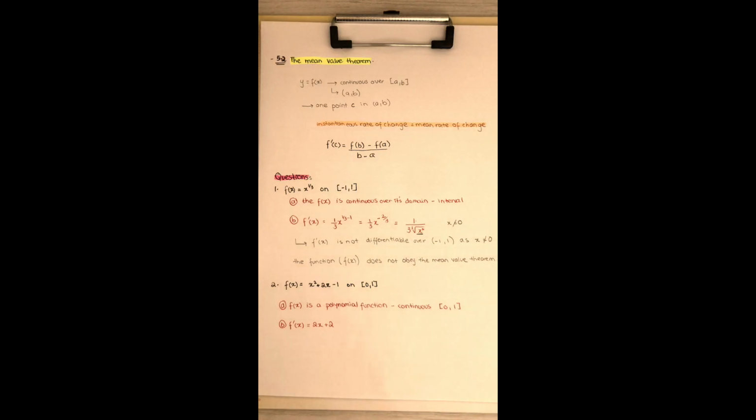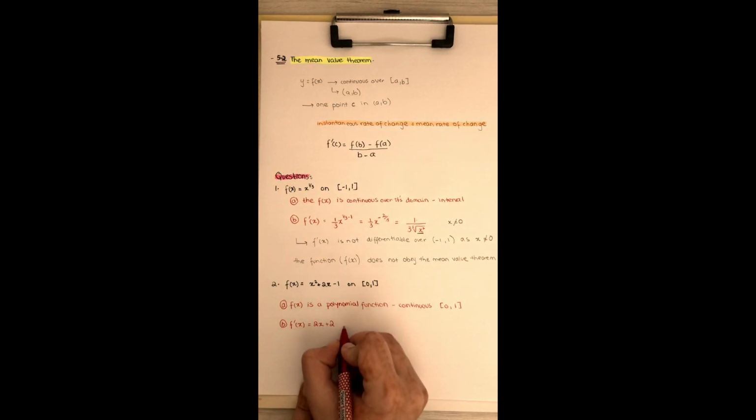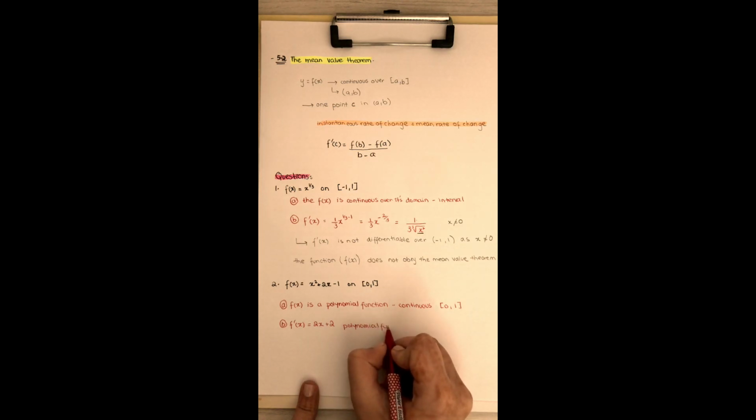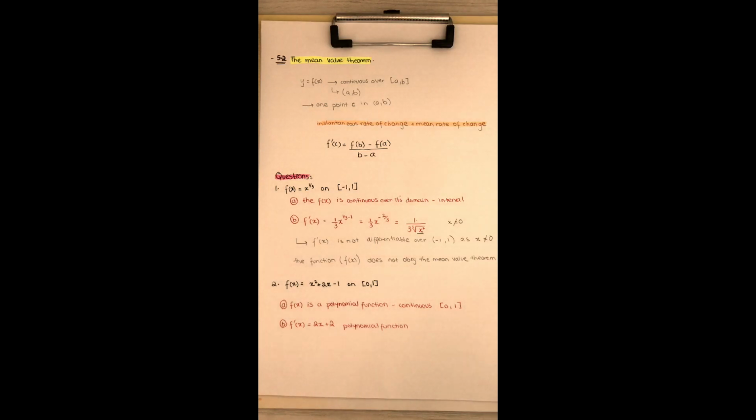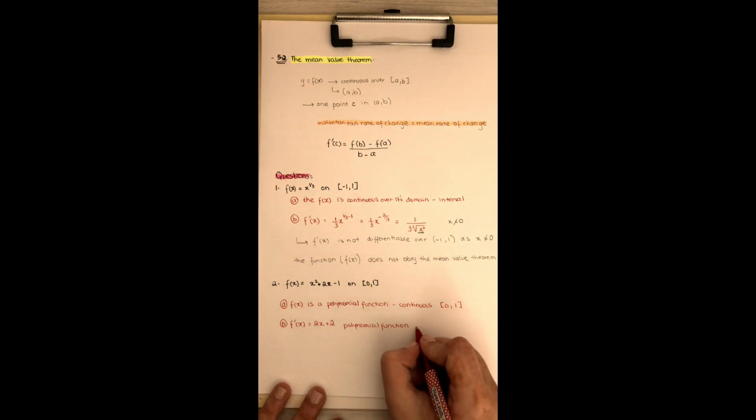As we can see, the derivative of the function is also a polynomial, and a polynomial function is known to be continuous over all of its domain. Specifically, in this question, it is differentiable over the interval from 0 to 1, excluded.